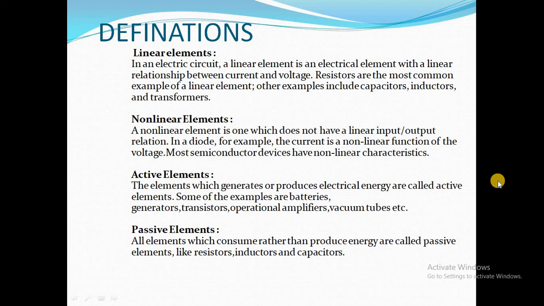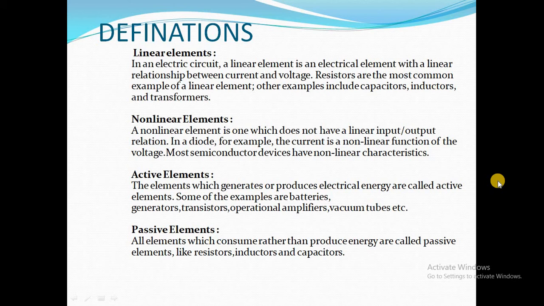Next is active elements. The elements which generate or produce electrical energy are called active elements. Some examples are batteries, generators, transistors, operational amplifiers, vacuum tubes, etc. So what are active elements? Those which generate energy by themselves are called active elements. Take the example of a human being, who makes energy by themselves; that's why they are active.